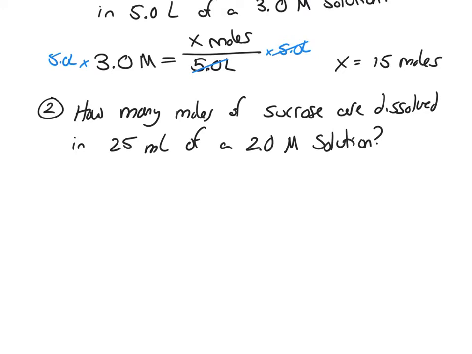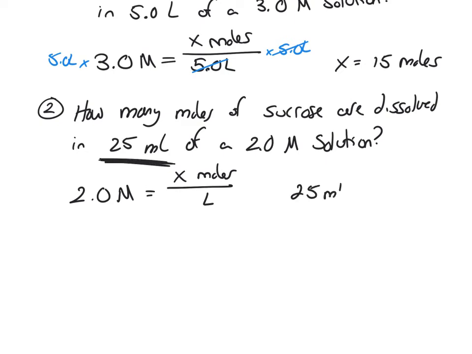Set it up the same way. 2.0 M equals X moles over liters. But we don't have liters, we have milliliters. So we have to convert 25 milliliters, milliliters on the bottom, liters on top.